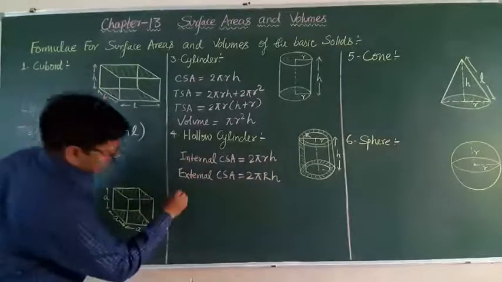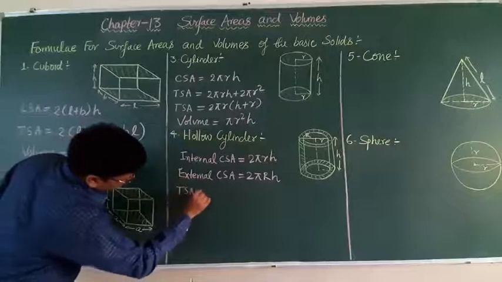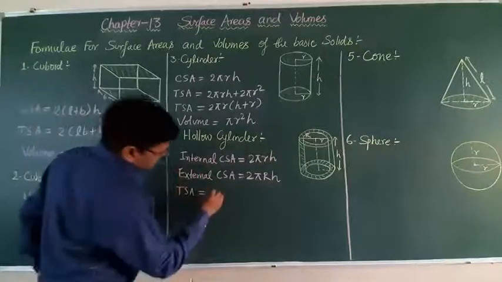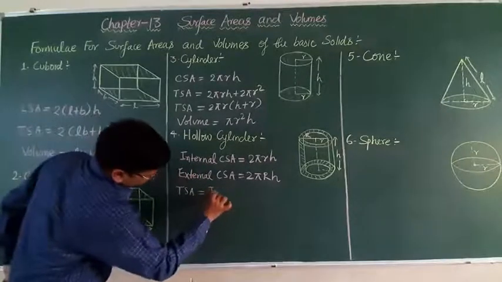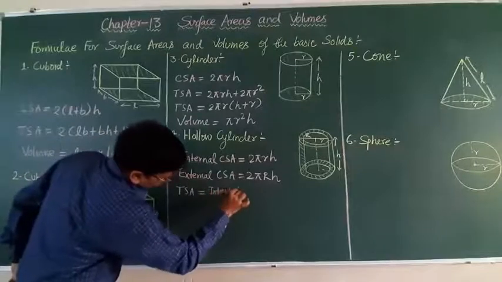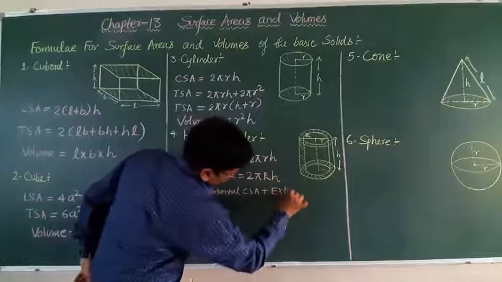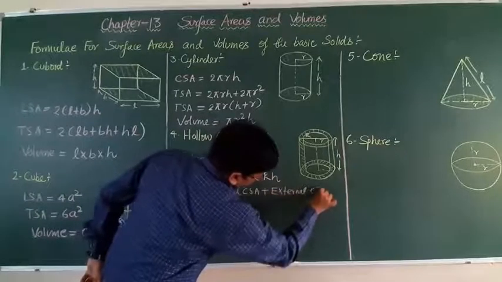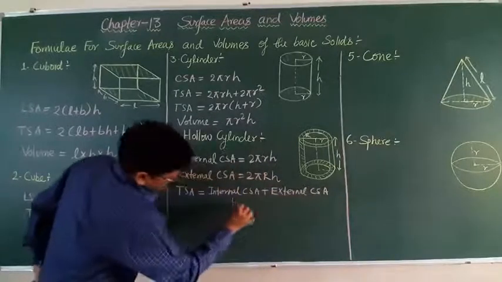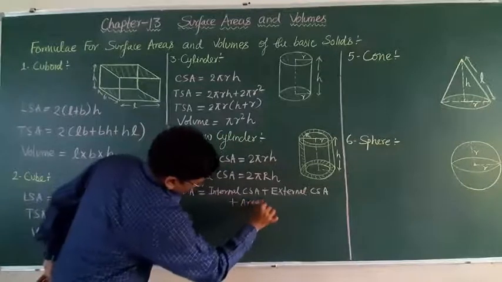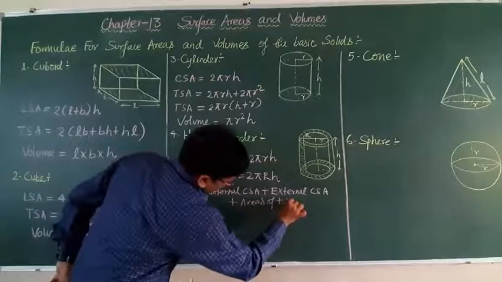Now students, TSA of the hollow cylinder is internal CSA plus external CSA plus area of the two rings.